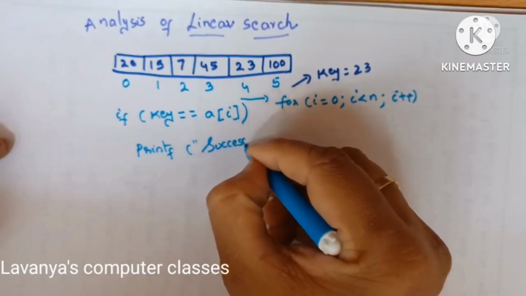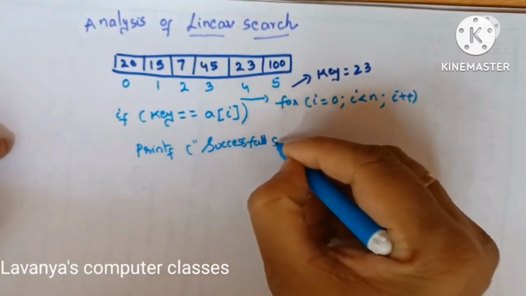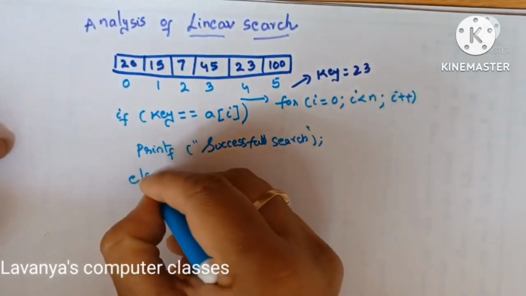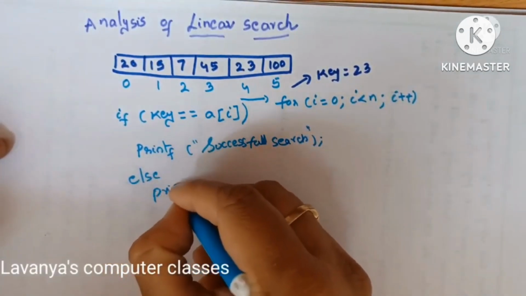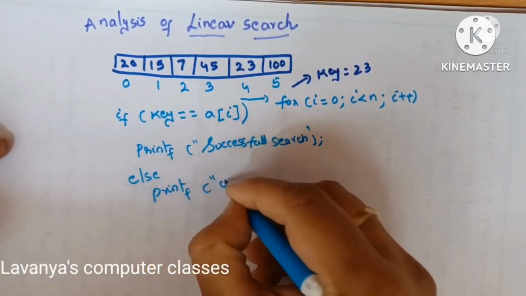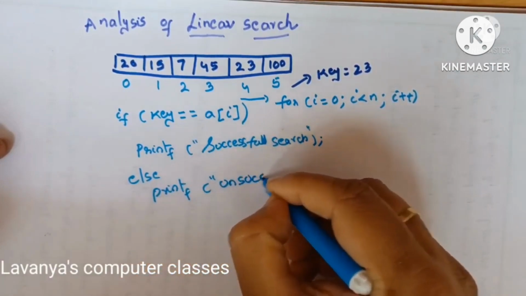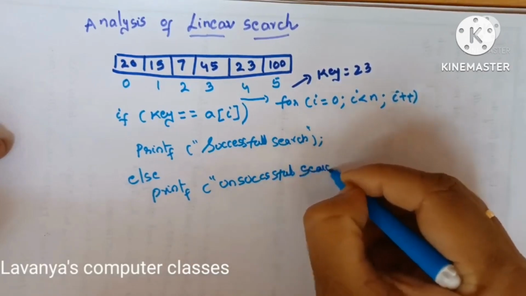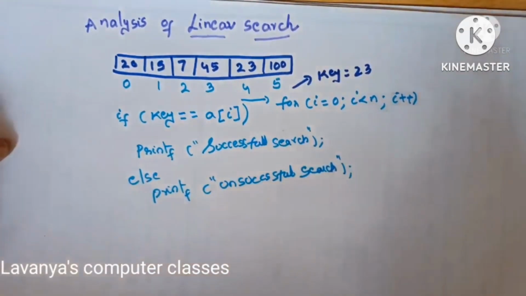Otherwise, else printf, unsuccessful search. This is the linear search algorithm, a simple algorithm only.